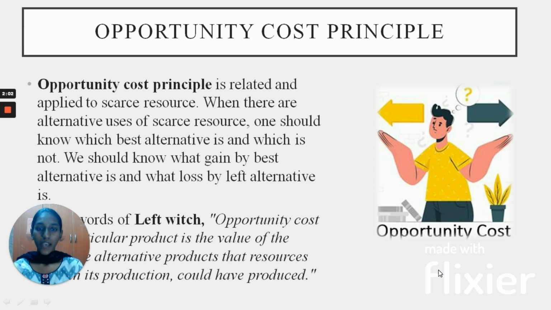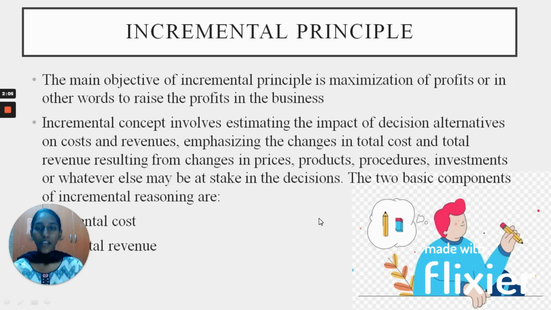And secondly, incremental principle. The main objective of the incremental principle is maximization of profits, or in other words, to raise the profits in business. By increasing the production, the total cost of the product rises and simultaneously profit also rises. How much extra we should produce to get the best profits, and how much extra cost would be incurred for the extra production?